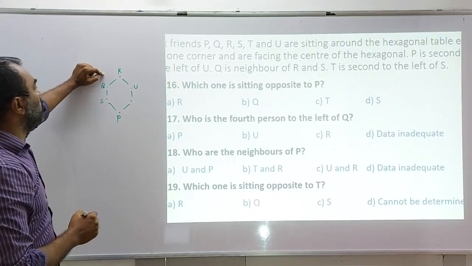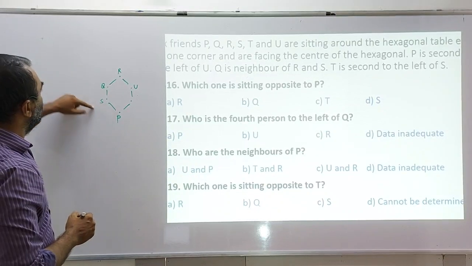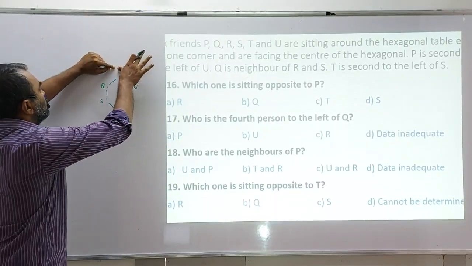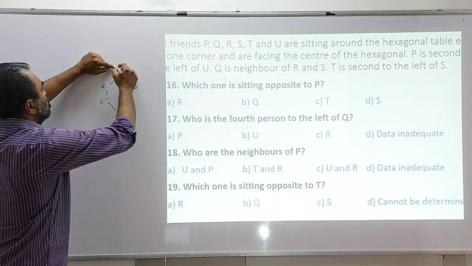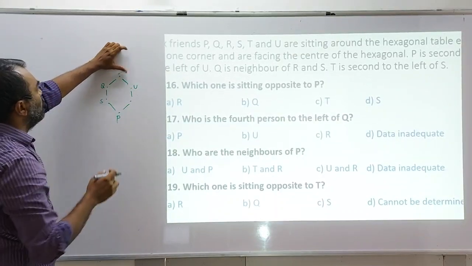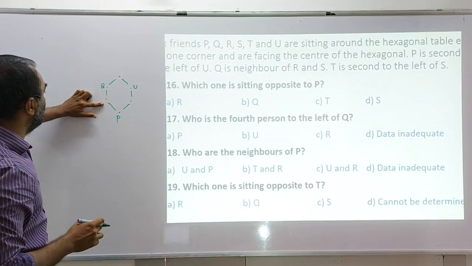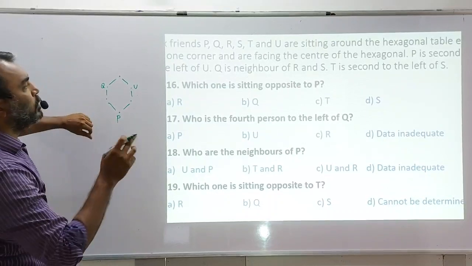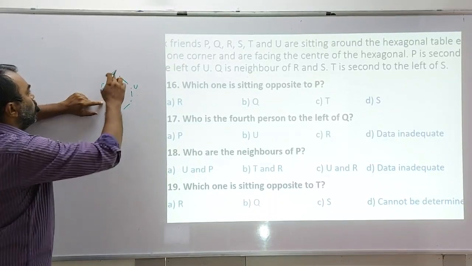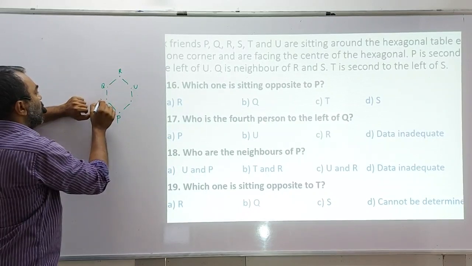T is second to the left of S. Now second to the left means what? T should be here. Then R cannot come here because Q are neighbors. So Q has got two neighbors, R and S. I put R here and S here.